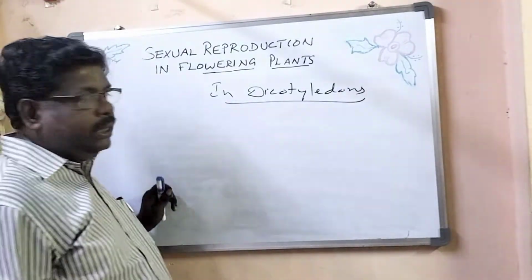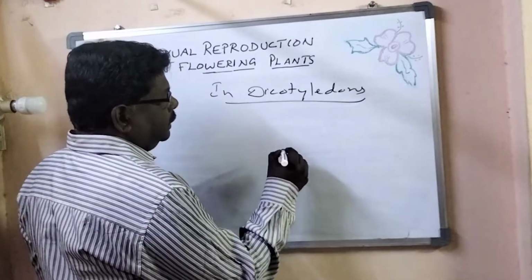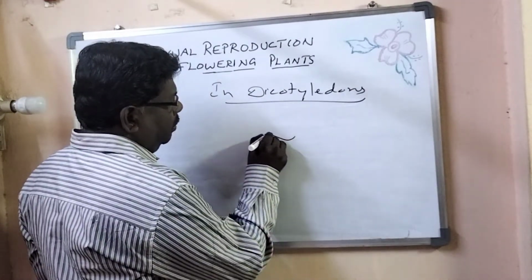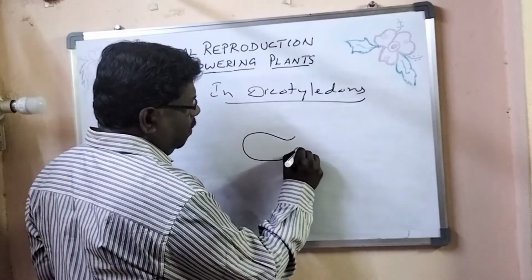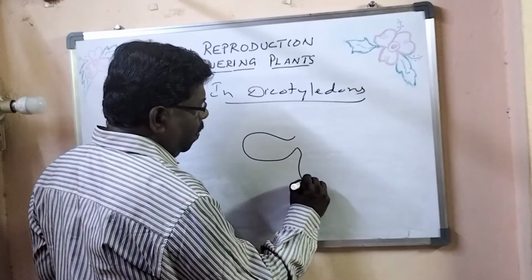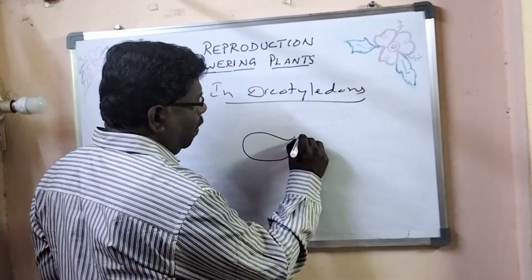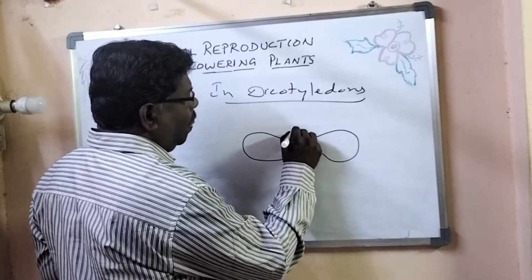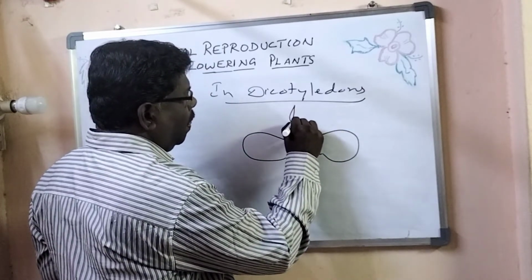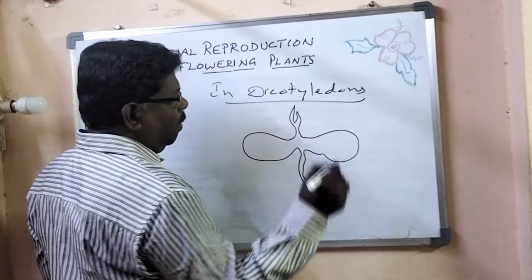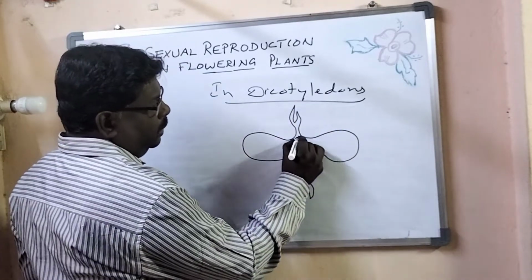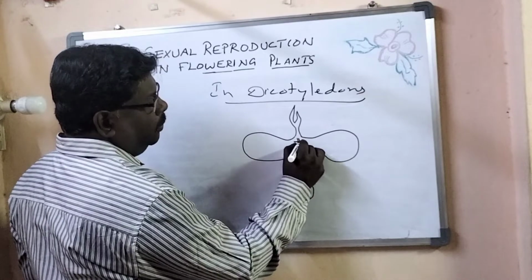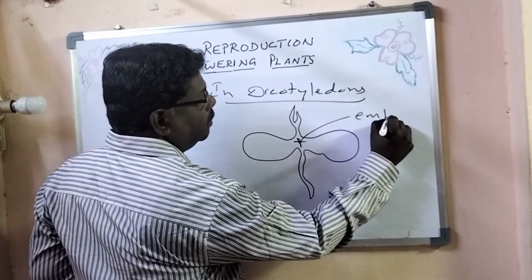So in case of dicotyledons, it has an embryonal axis. It will be like this. This center portion is called the embryonal axis.